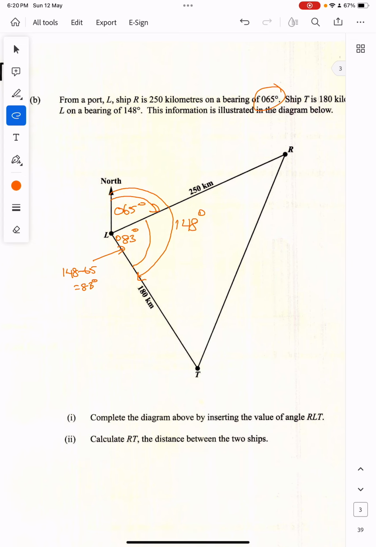Now we've got 2 lengths, LR and LT, and we're being asked to find the third length, RT, and we have an angle. Whenever you have a triangle that you have to find a side or an angle and you have 3 lengths involved and only 1 angle, that is automatically the cosine rule, right?